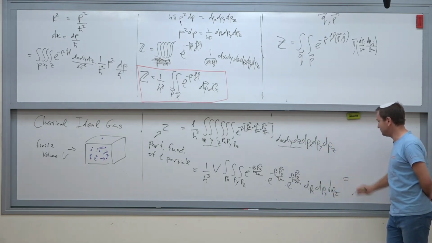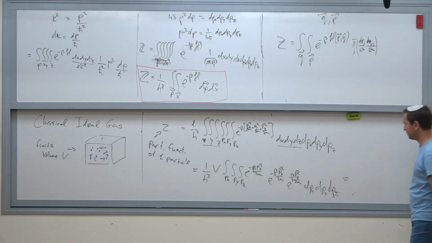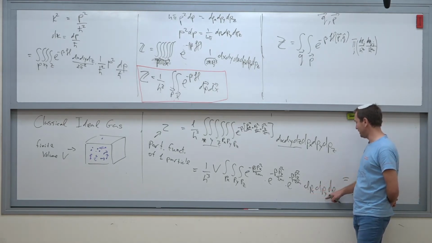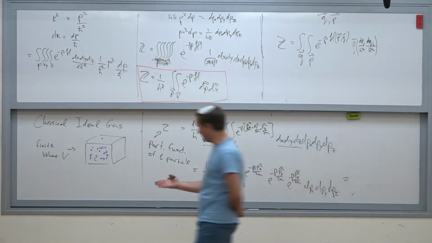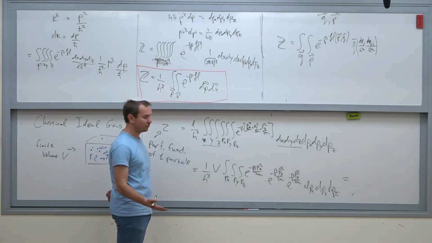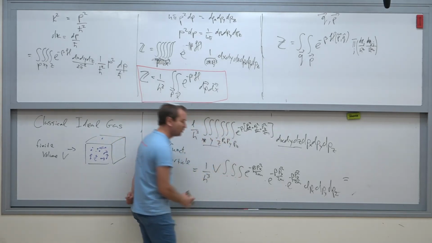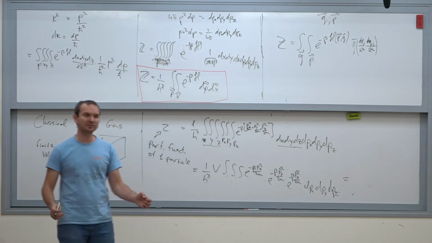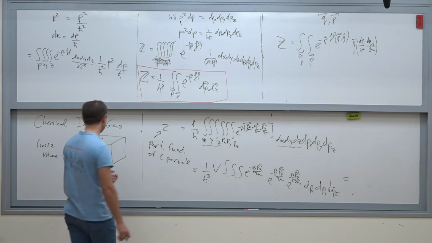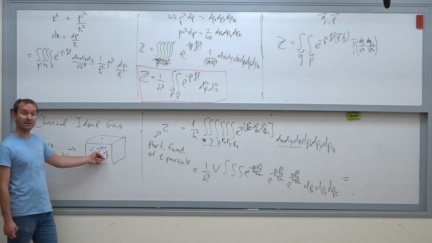And this integral is actually a multiplication of 3 different integrals, right? Because the integration over px, py, and pz are not correlated or related to each other. The other thing is, what are the possible values of the momentum? It can go from minus infinity to infinity. We don't have any restriction on the energy. Remember, it's a canonical ensemble representation.